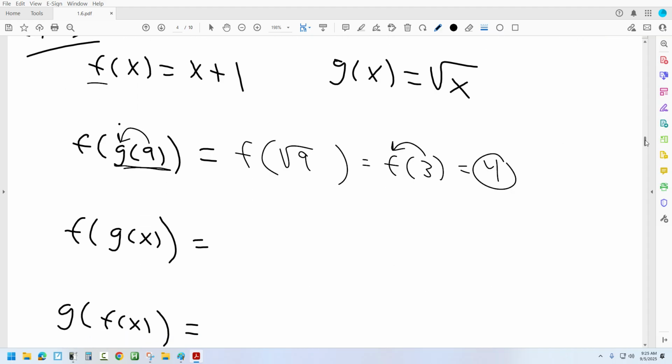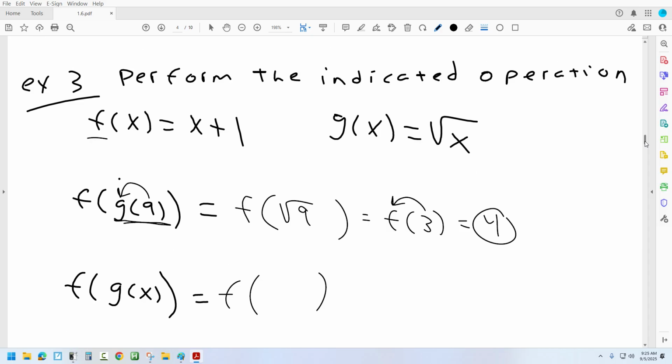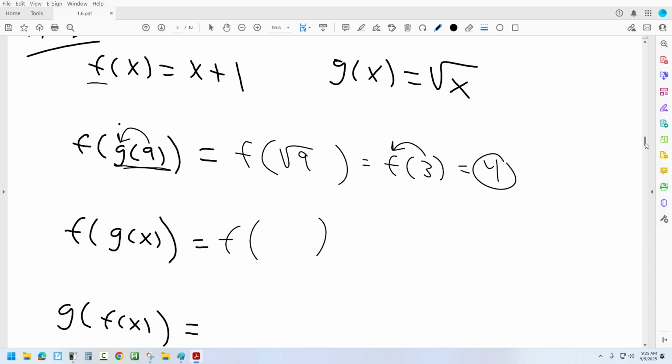So now, instead of finding f of g of a specific number, let's find f of g of a variable. Okay, so start the same way. Function f is on the outside. Replace g of x with the formula up above, square root of x. So now we're finding f of the square root of x.